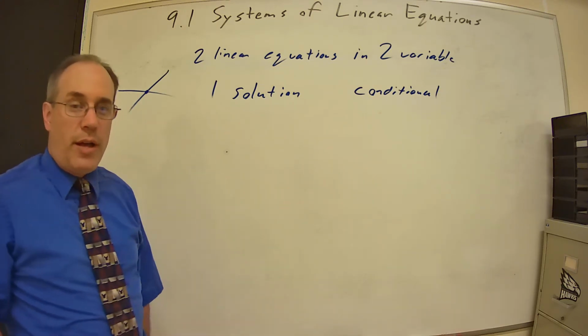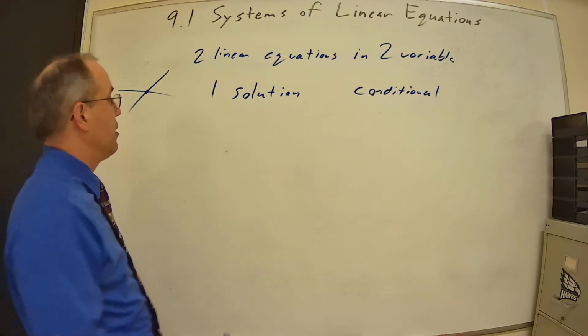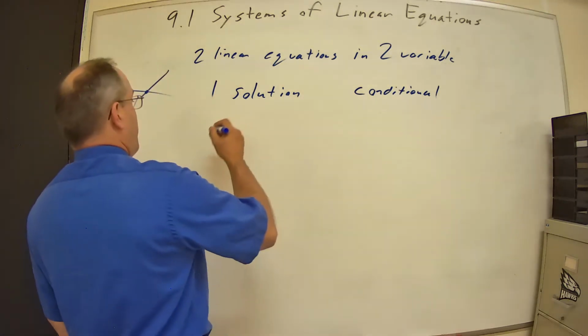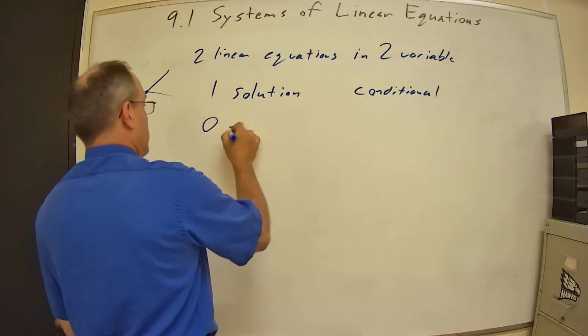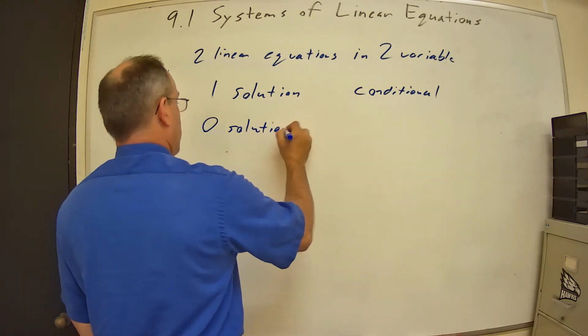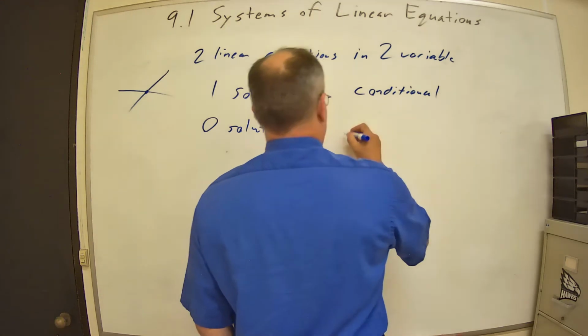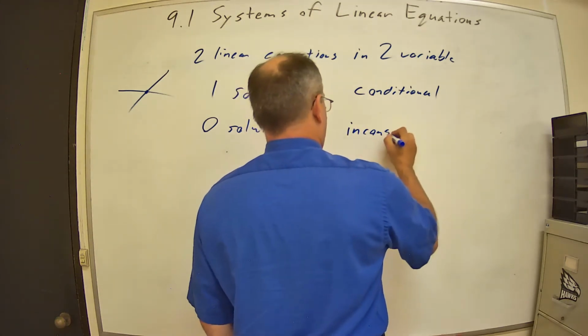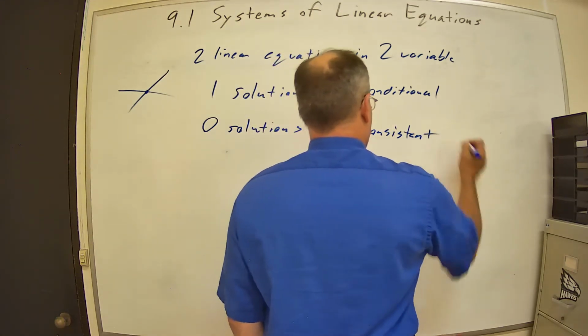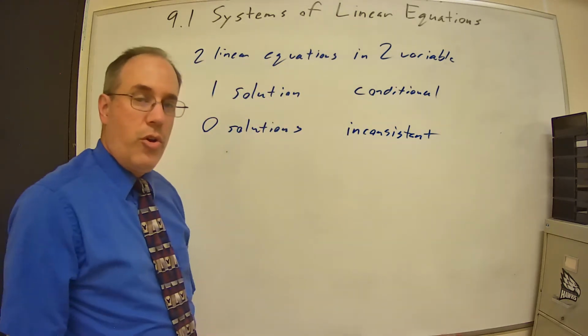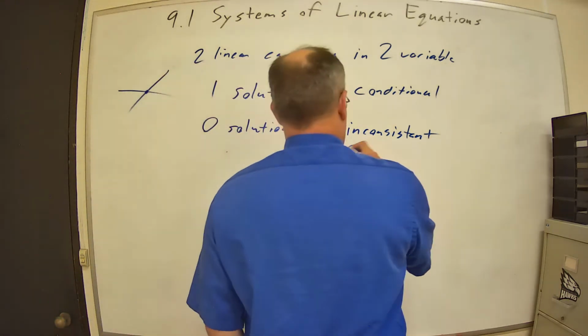The second possibility is that you have no solutions. And this we sometimes refer to as an inconsistent system or a contradiction.